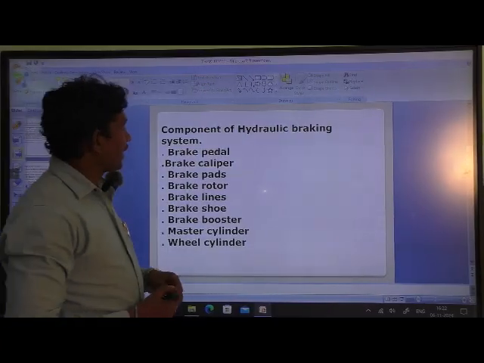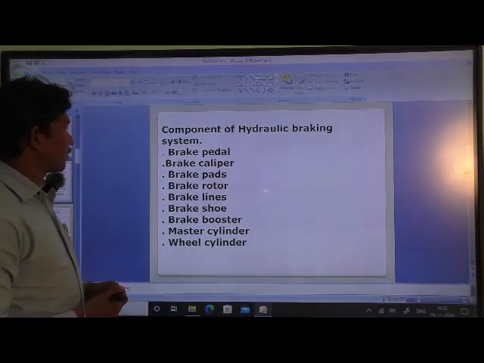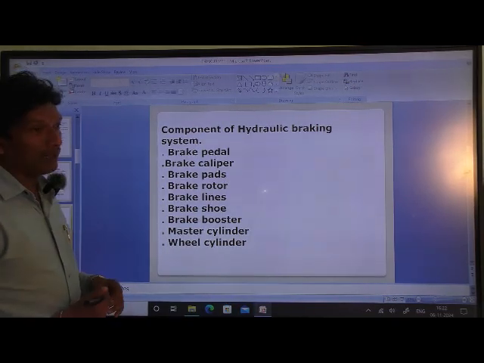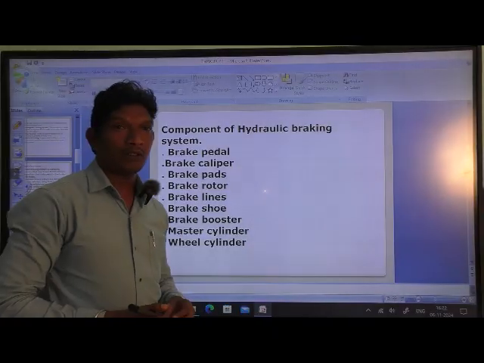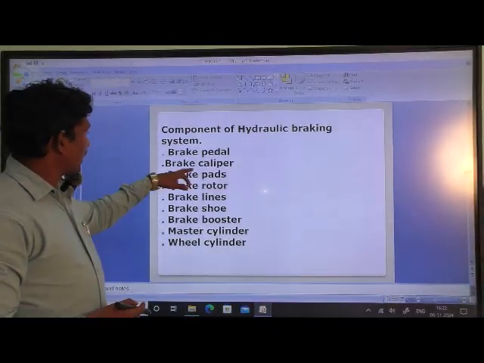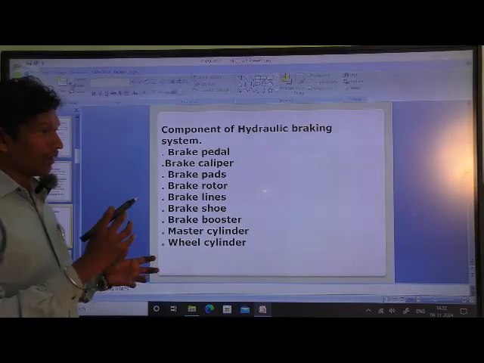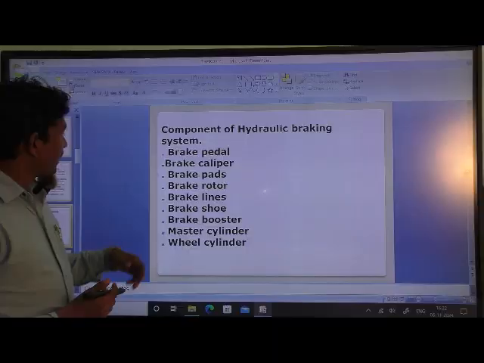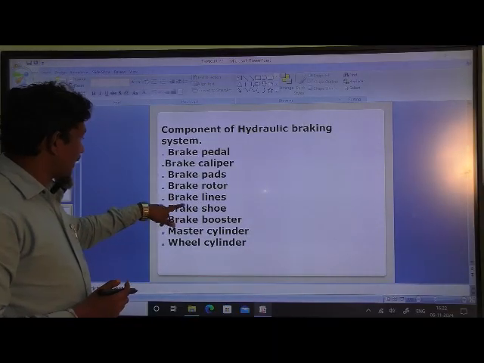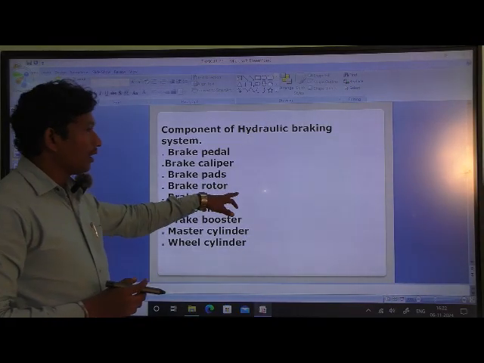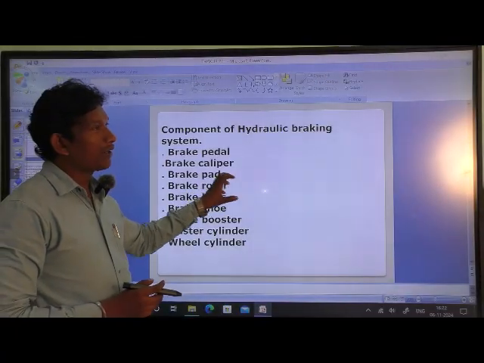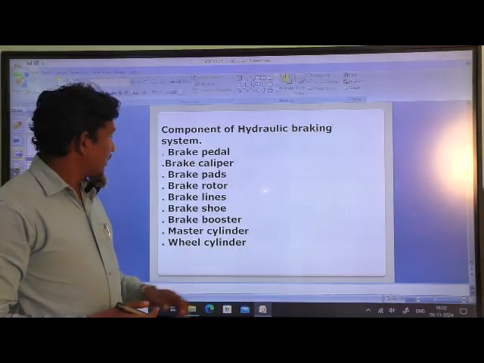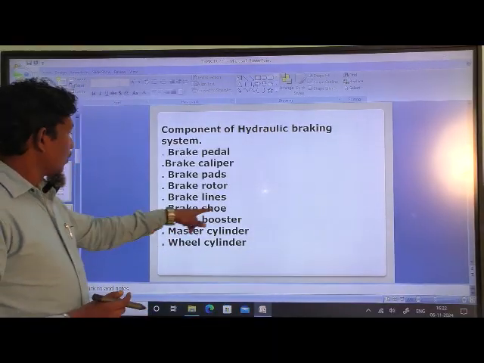So in a hydraulic braking system, what are the components? There is a brake pedal on which we apply the effort. Then brake calipers, which help the brake pedal function, brake rotors, and brake linings, through which the pressurized fluid flows from the master cylinder to the wheel cylinder.